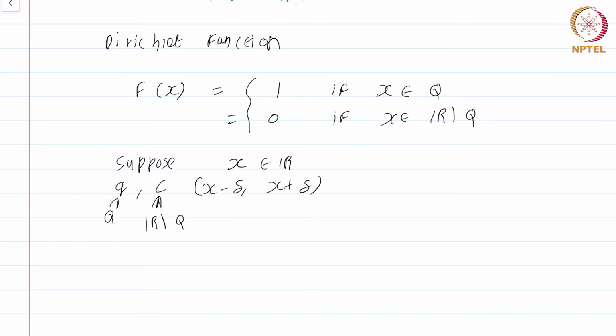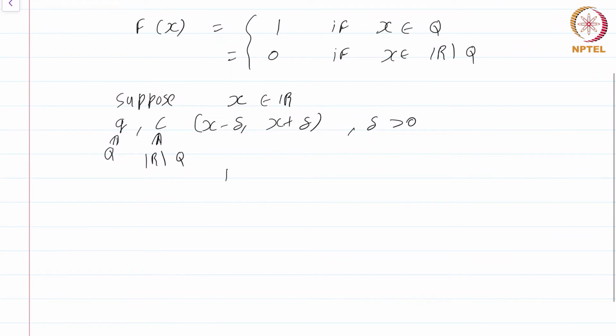We have already seen that Q is dense in R. So any interval x minus delta, x plus delta, delta greater than 0, will contain both a rational point as well as an irrational point. So f of q is 1, whereas f of c is 0.